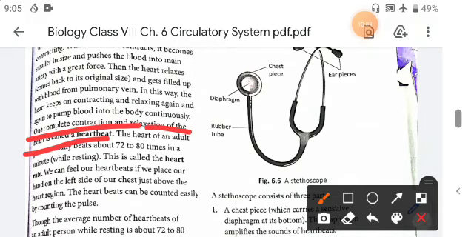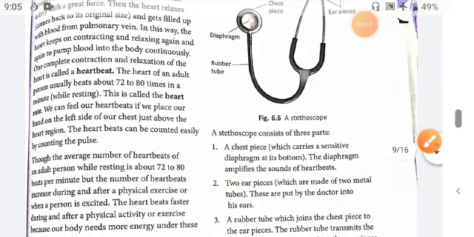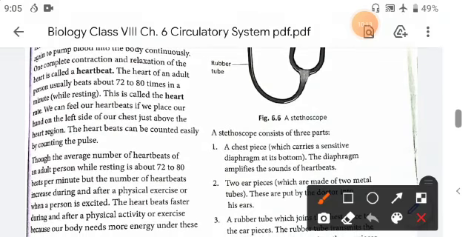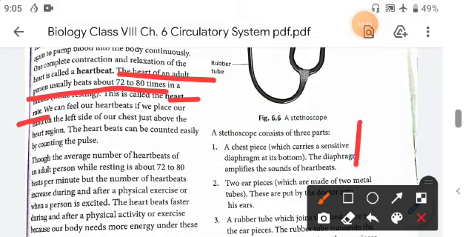So the heart in an adult person usually beats about 72 to 80 times per minute. This is called the heart rate. Though the average number of heartbeats of an adult person while resting is 72 to 80 beats per minute, the number of heartbeats increases during and after physical exercise.